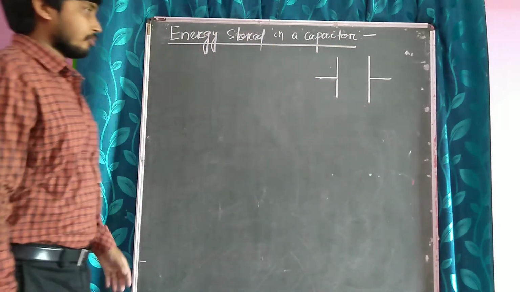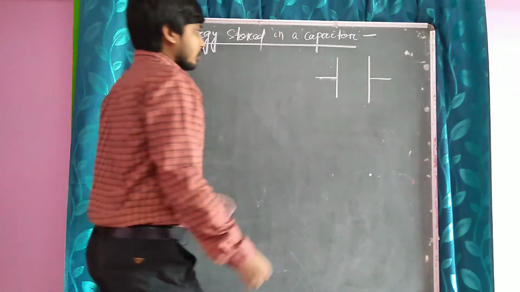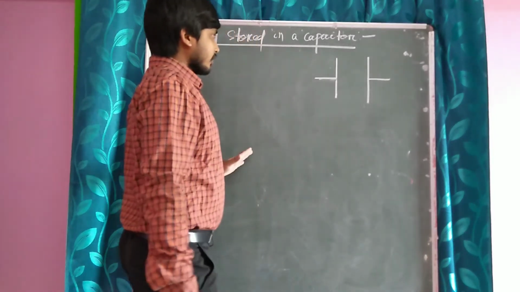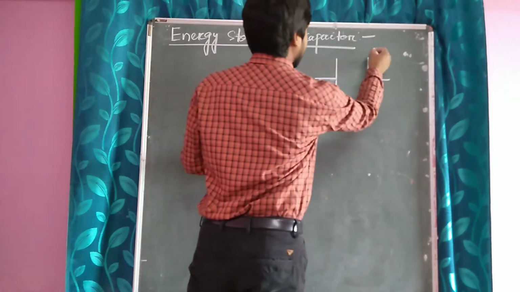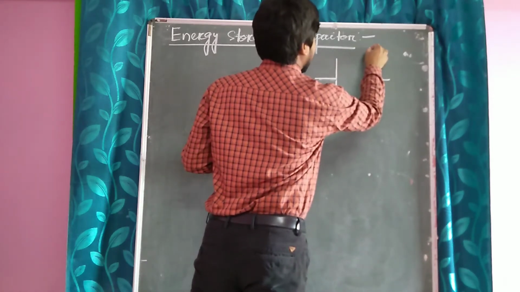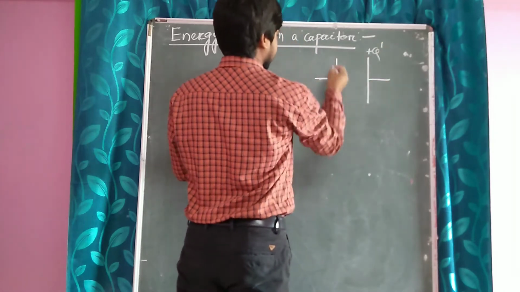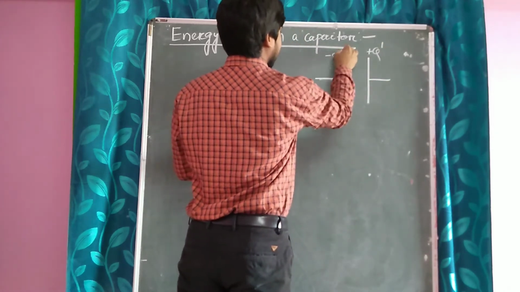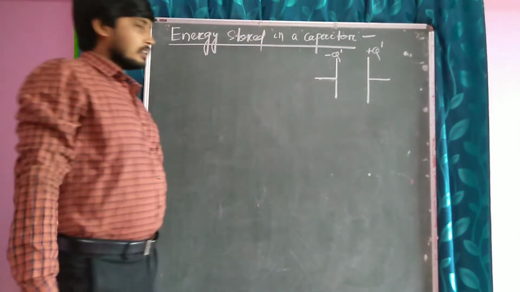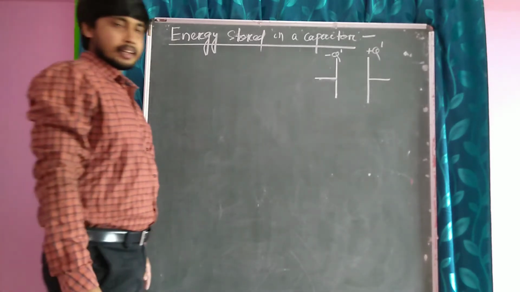So now, suppose at any instant of time, plus q prime and minus q prime is the charge present on the plates of the capacitor.